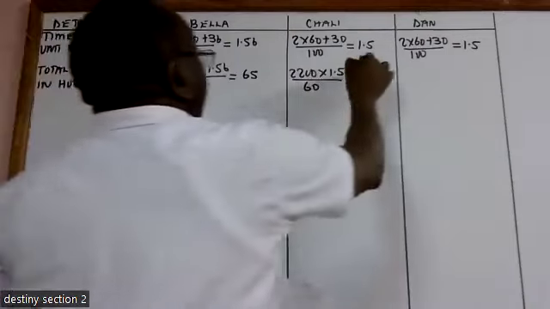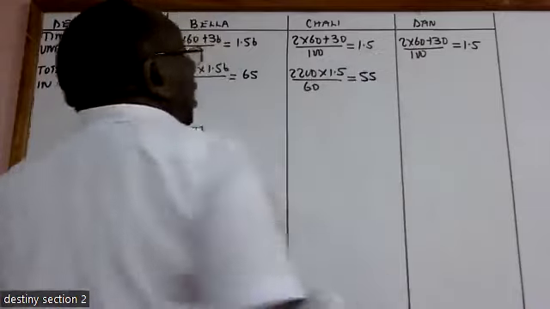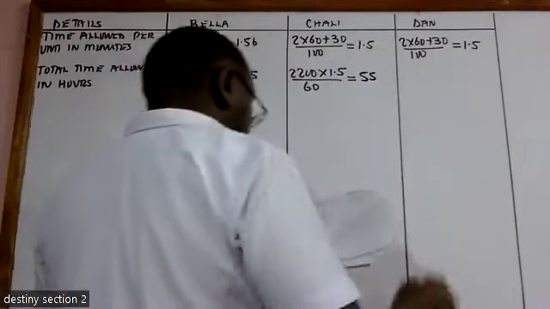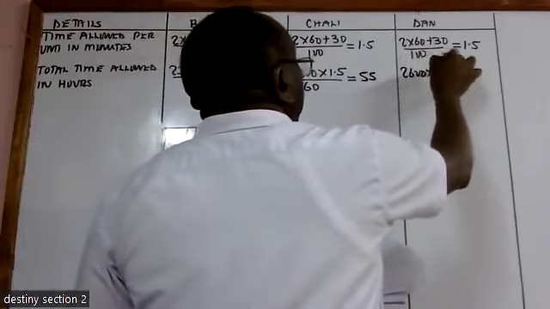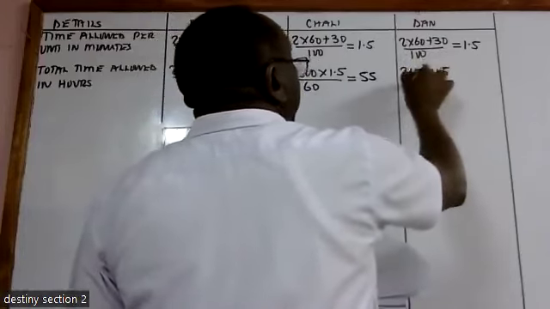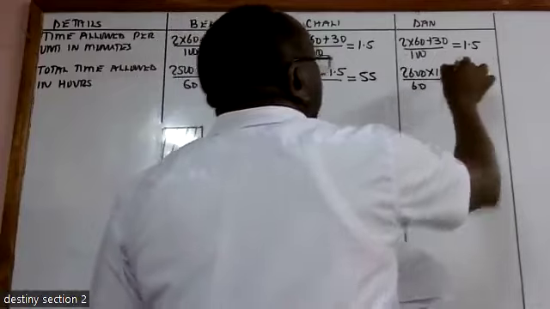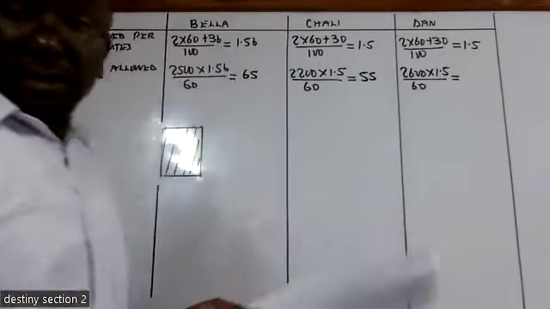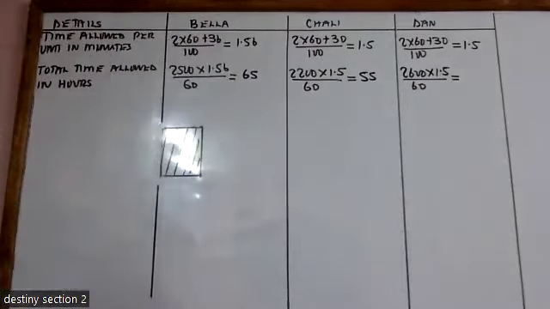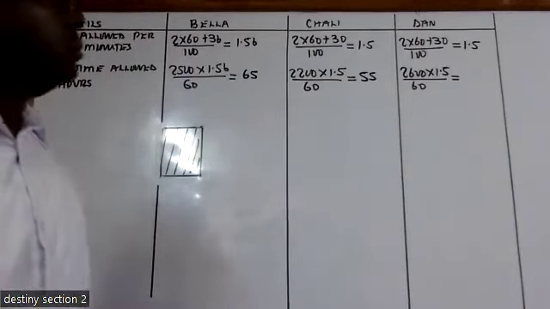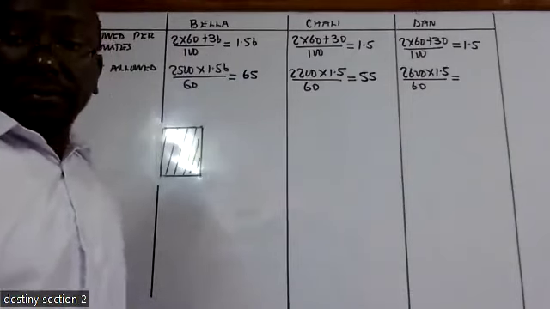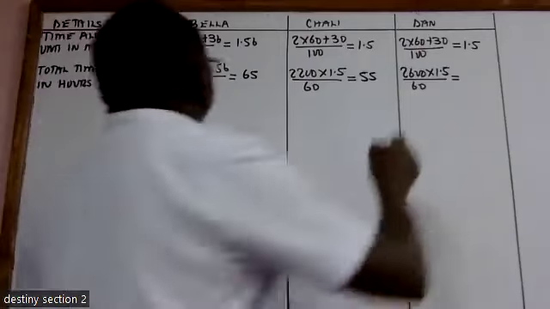Okay, 55. And for Dan, it is 2600 multiplied by 1.5, divide by 60. Or 65.